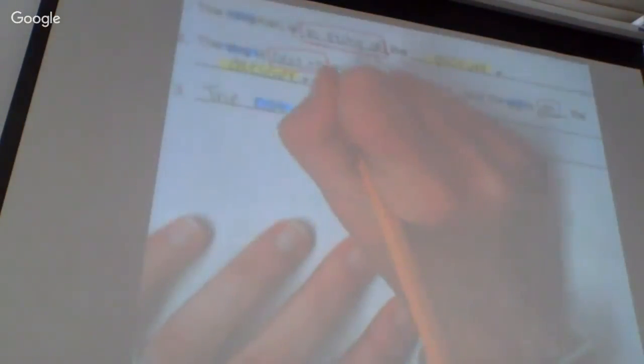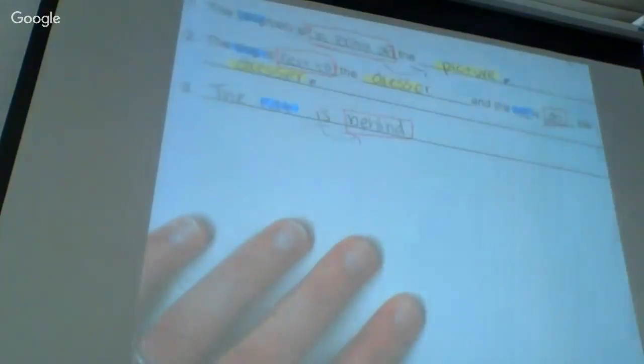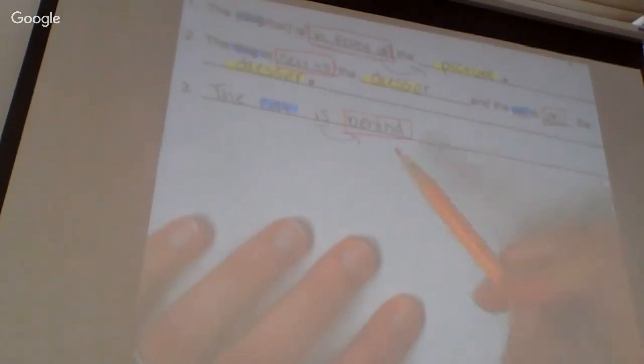So I write the preposition behind next to is, and then I put a red box around it to tell me that that's the preposition. And then I need to finish the sentence. Where is the cat? The cat is behind what?